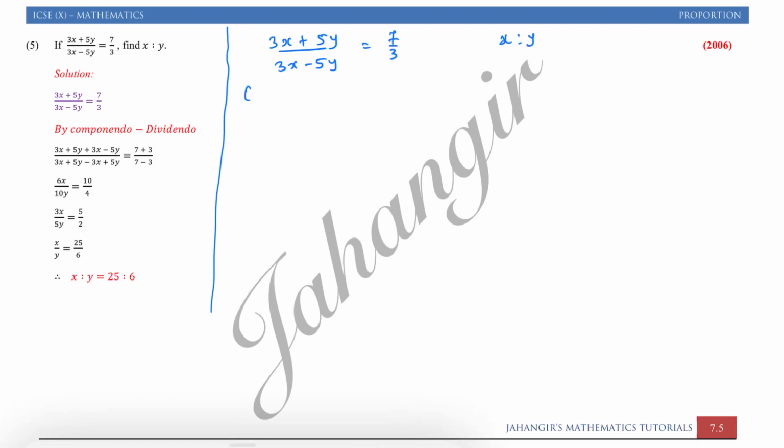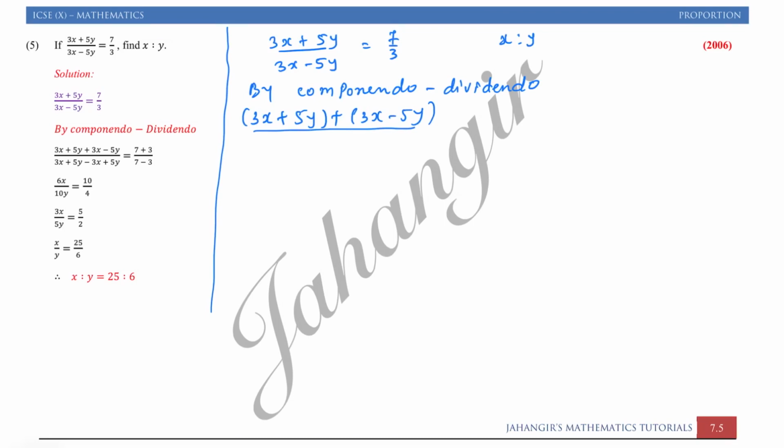So we can write by componendo dividendo, in bracket 3x plus 5y plus 3x minus 5y, upon 3x plus 5y minus 3x minus 5y, is equal to 7 plus 3 upon 7 minus 3.